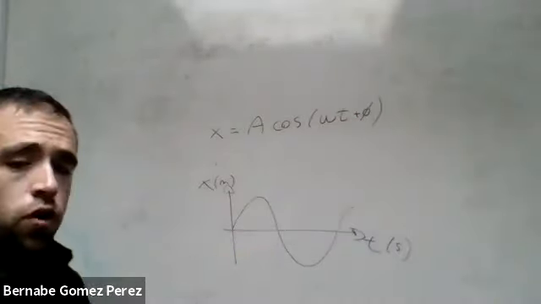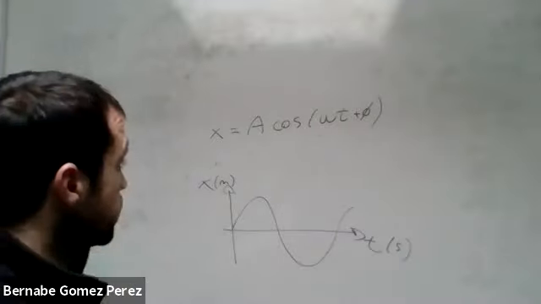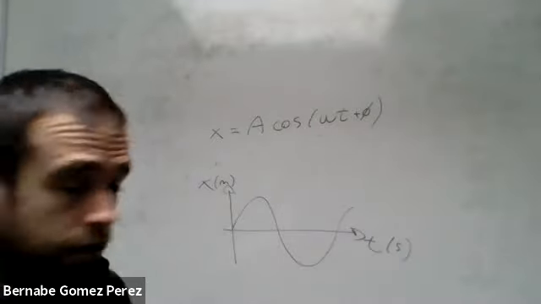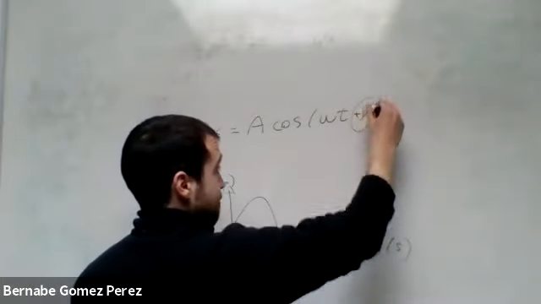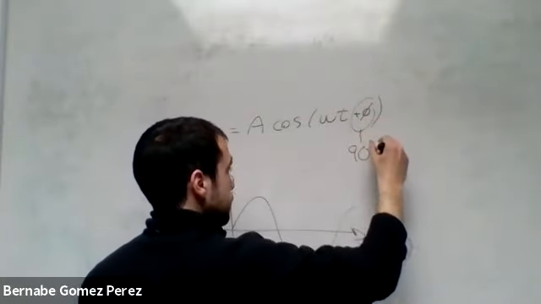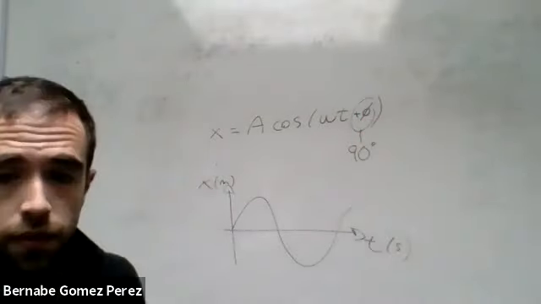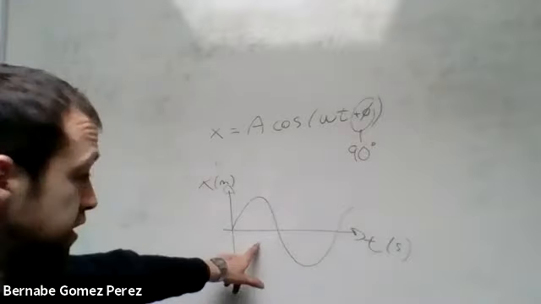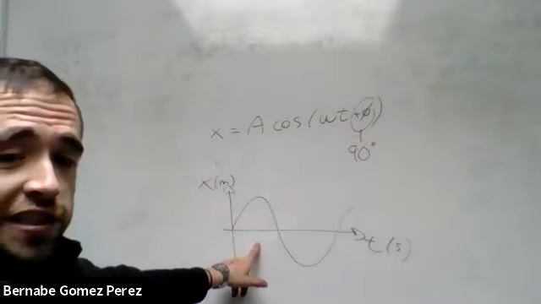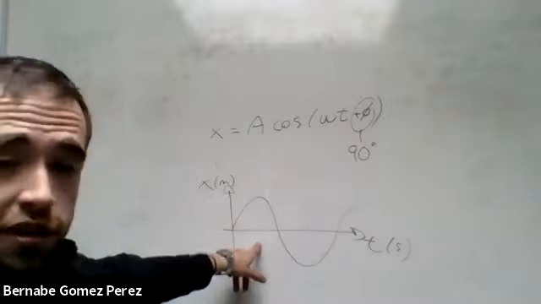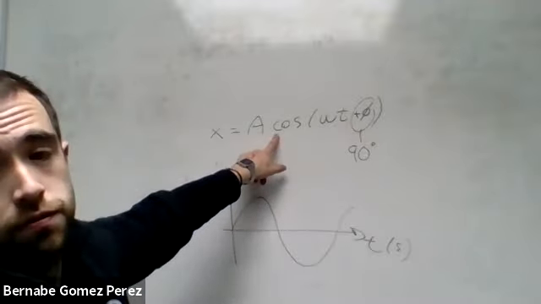But this doesn't look like a cosine. So what does this mean? Well, this means that I have a phase of 90 degrees, right? Because I know this is the chart of a sine, but this is described by a cosine.